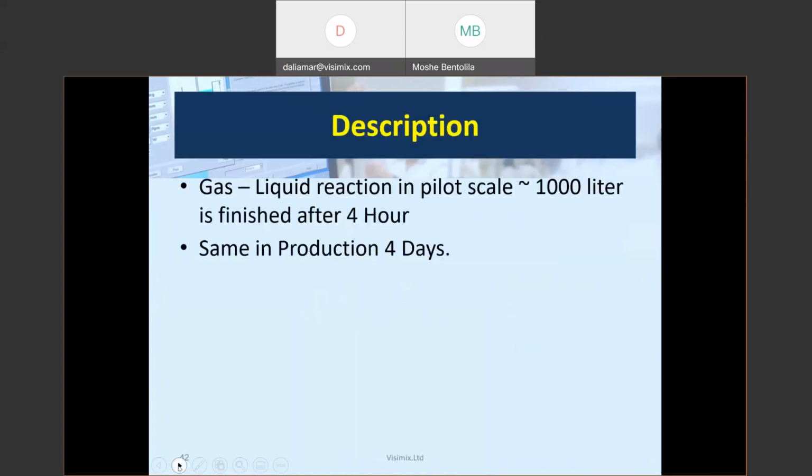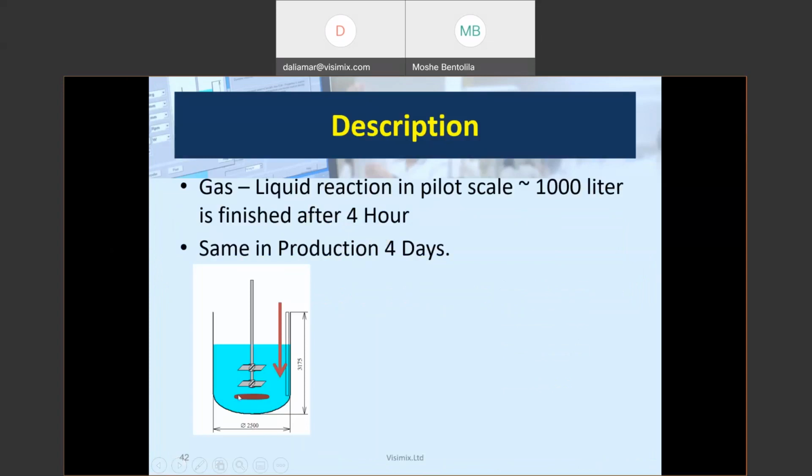And another very interesting example was when we had gas liquid, copy paste from the lab to the production, the same geometry similarity. In the lab, 1,000 liters, they fed the gas from a sparger.